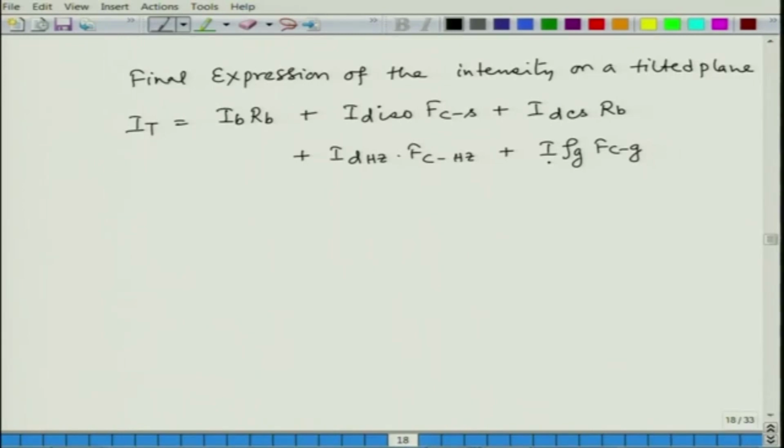I again want to emphasize that this I without any subscript is for the horizontal plane total radiation. This IT is on the tilted plane.